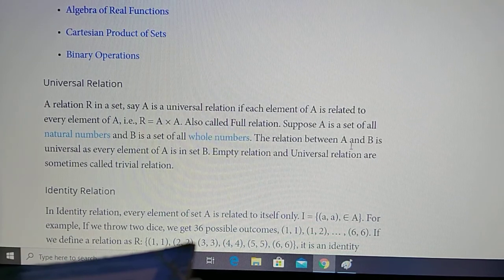The relation between A and B is universal, as every element of A is in set B. Means, like, if I say there are two things, one is A, another is B. So A is everywhere in B except 0. Empty relation and universal relation are sometimes called trivial relations also.